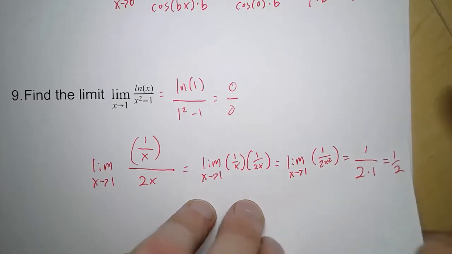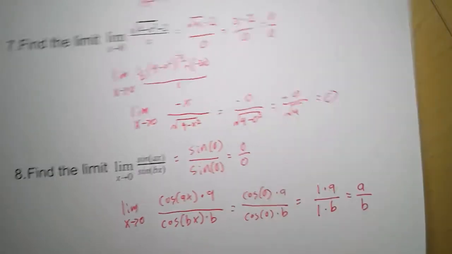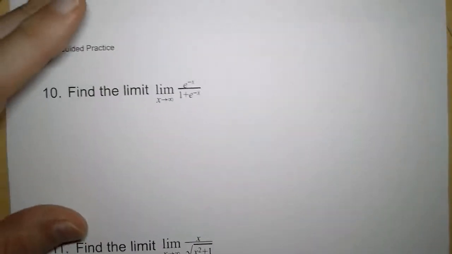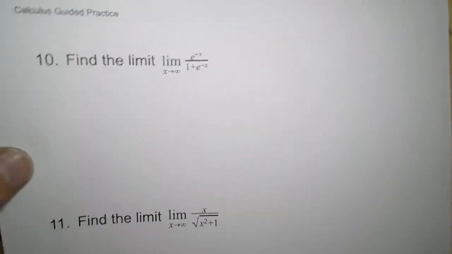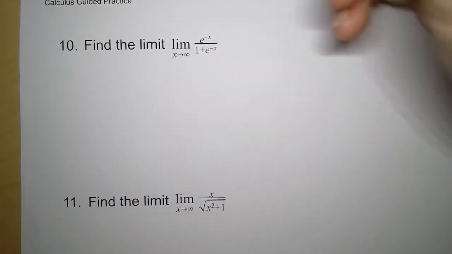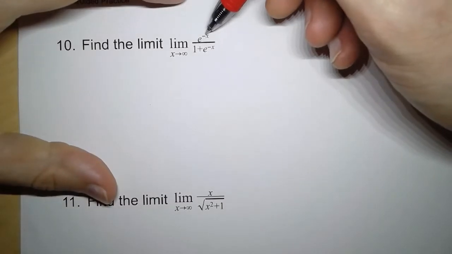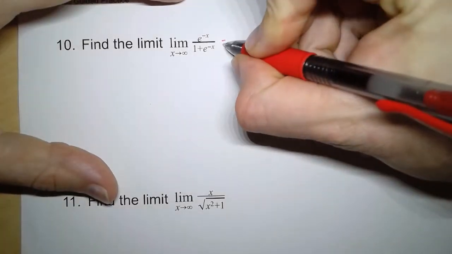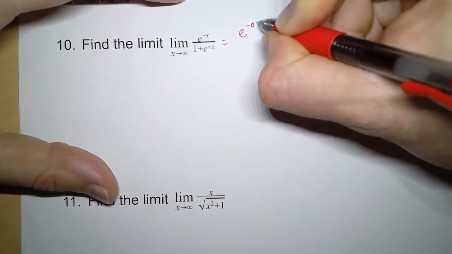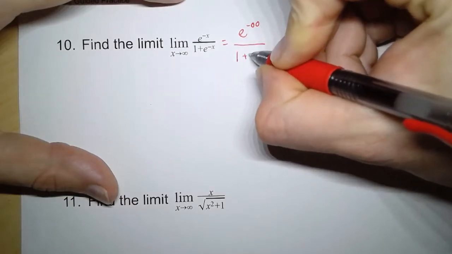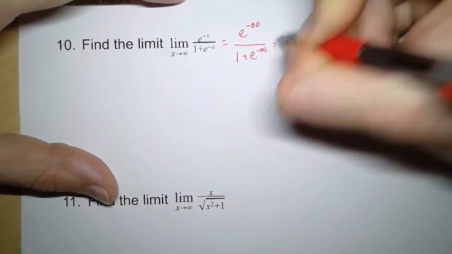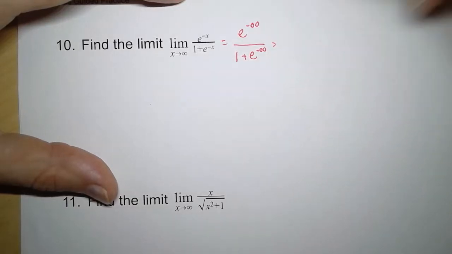So on the last page, here we have limit as x approaches infinity. But here notice that it has negative x. So if I were to write this, we'd have e to the negative infinity over 1 plus e to the negative infinity. But I said before, e to the negative infinity is essentially 0.